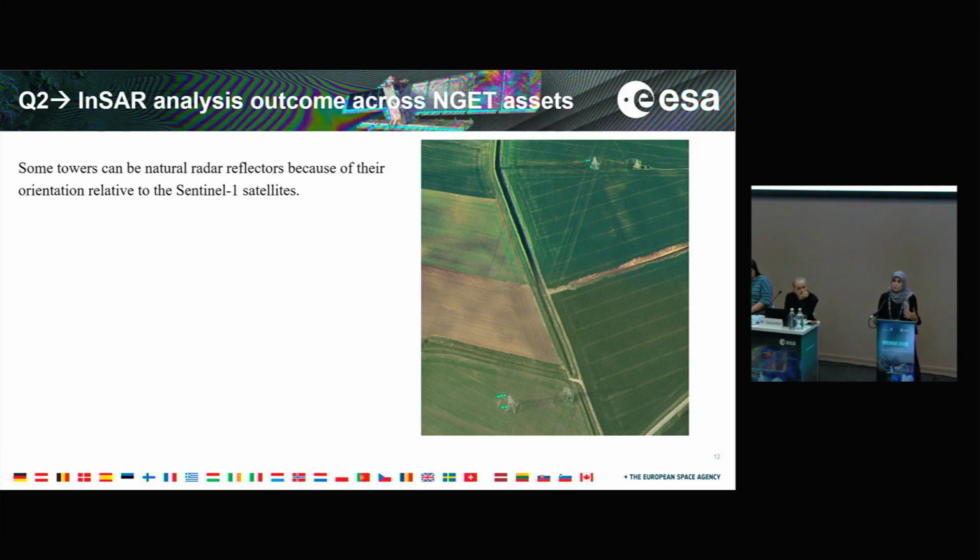The result of this experiment confirmed that some of the towers can be natural radar reflectors and selected as PS pixels because of their orientation relative to the Sentinel-1 satellite, and some of them can't. And as we showed, installation of a corner reflector can help the tower to be selected as a PS pixel.